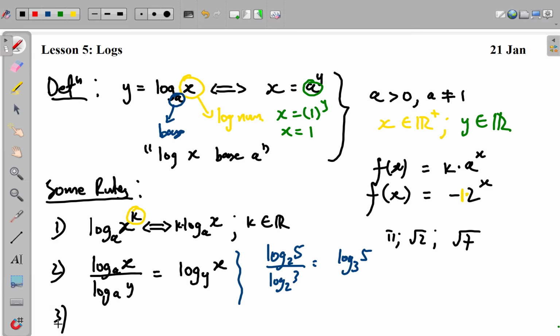All right, cool. Now, number 3, the other one that I needed to note, and this one I must say, particularly for functions, we've had papers in the past where this law actually was quite useful.